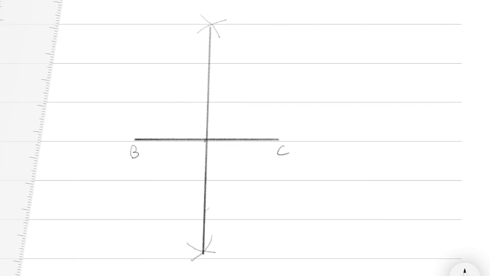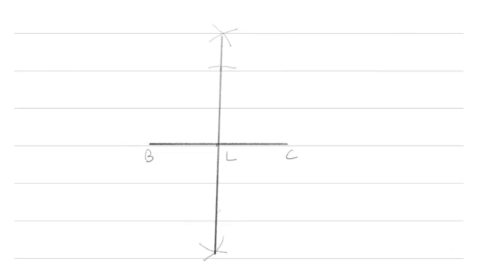So this is the perpendicular bisector of BC. Let's mark 3 centimeter from L. So that's the altitude. Now let's join B and C to it, and this point is A.